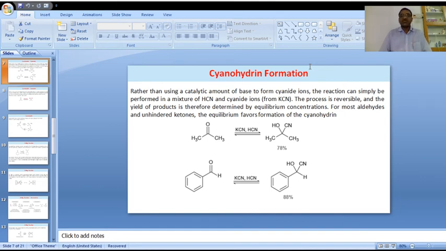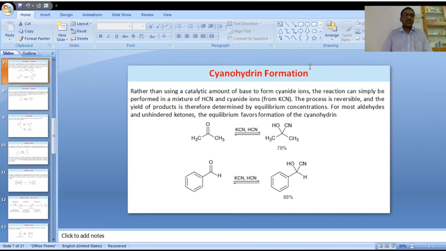How the reaction proceeds with aldehydes or ketones, which are suitable, and which give more yield from this reaction, we'll discuss clearly. Cyanohydrin formation with the use of aldehydes and ketones.